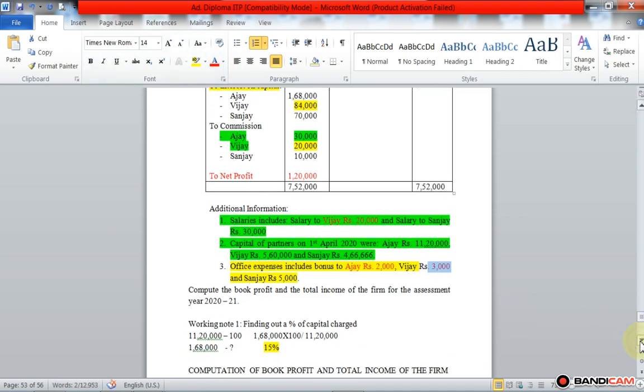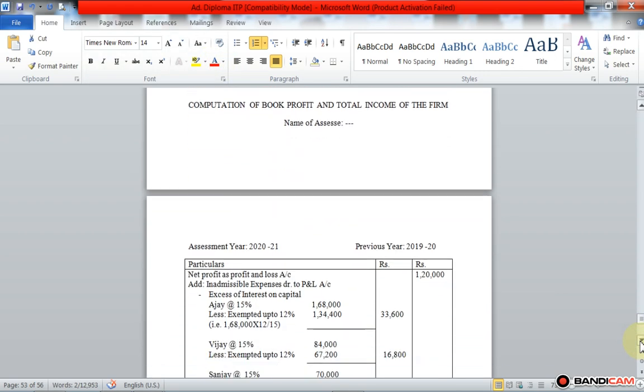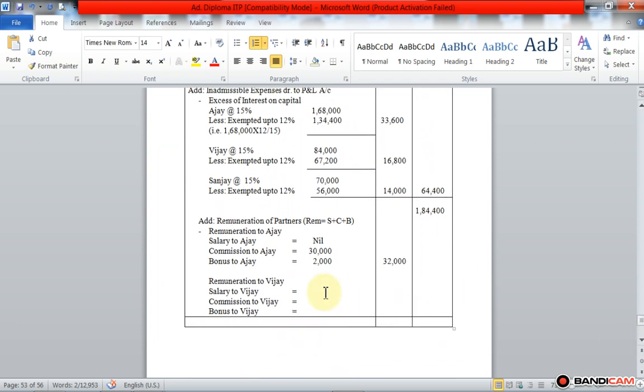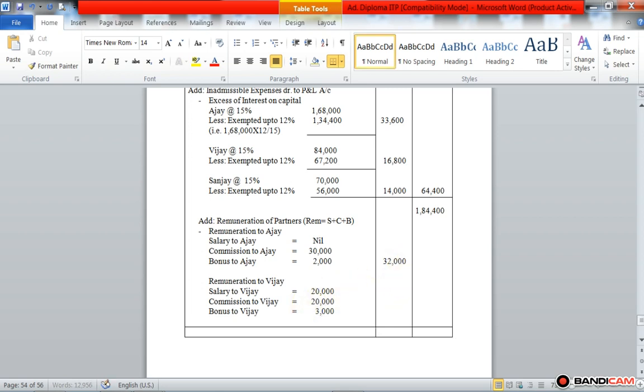So add this 43,000 as the remuneration of Vijay: salary 20,000, commission 20,000, and bonus rupees 3,000, and the total is 43,000, the total remuneration of Vijay.